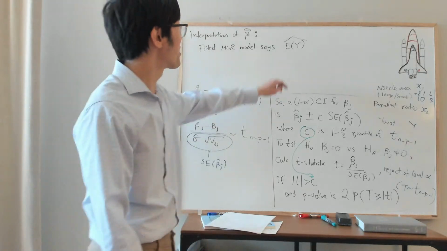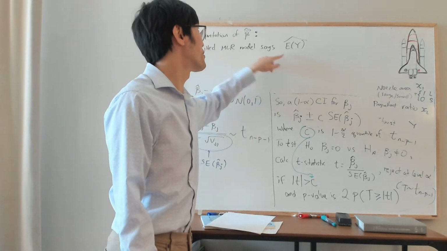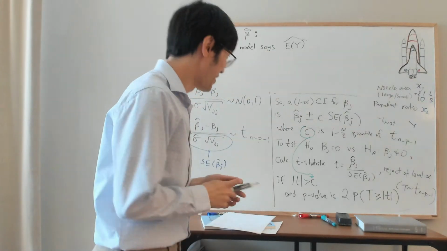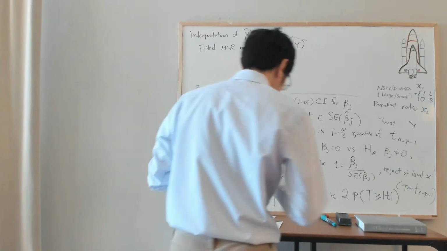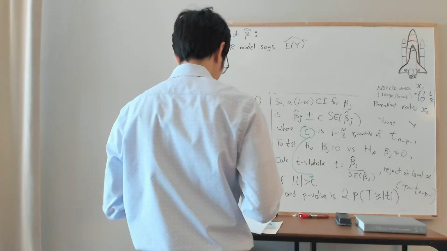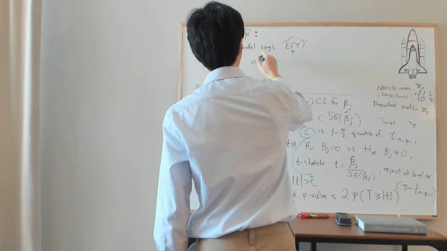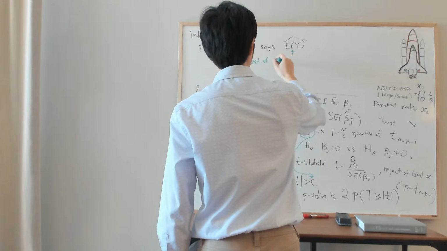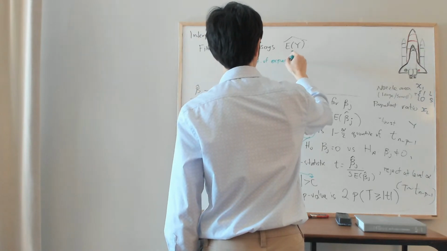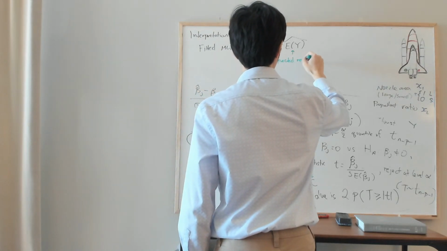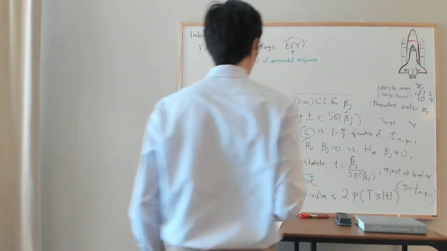We're estimating the mean of y, which is why I'm putting a hat over the entire E of y. In words, this whole thing is the estimate of the expected response.